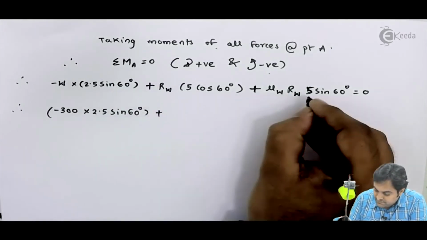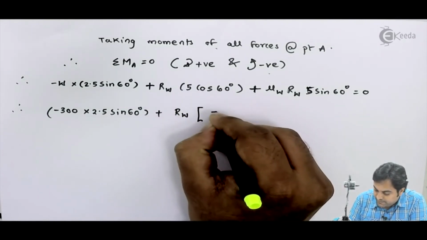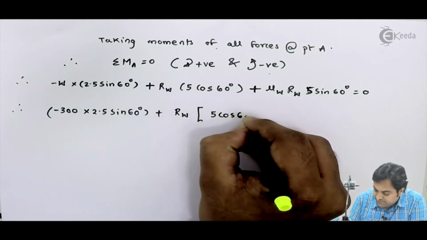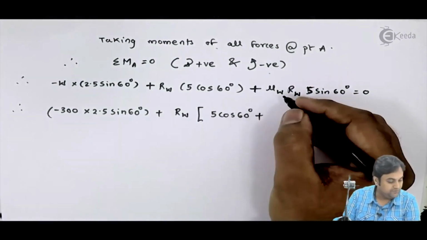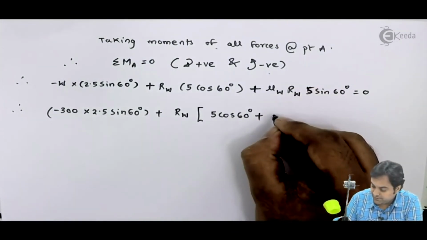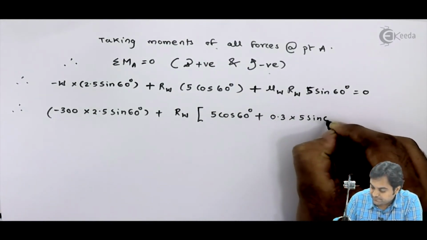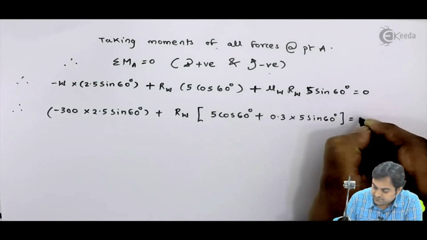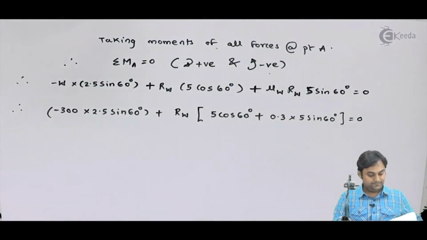I will take plus RW as common because that I want to calculate. In the bracket I have 5 cos 60 degree plus mu W, coefficient of friction of wall is 0.3, into 5 sin 60, is equal to 0. Therefore, I would be shifting this term onto the other side.